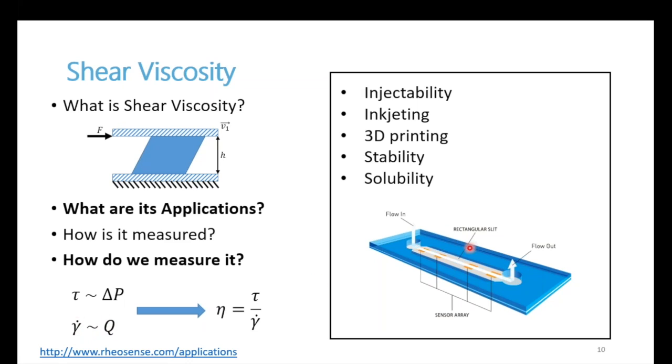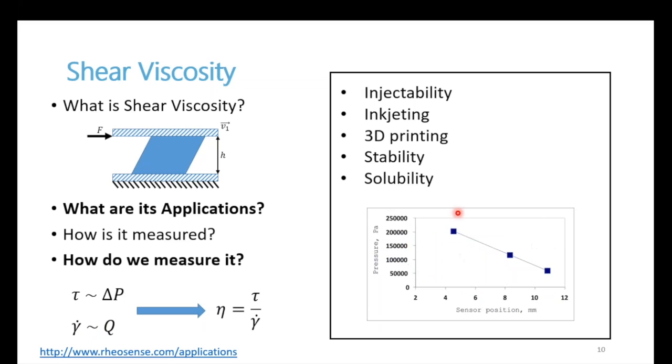And because you have an array of pressure sensors at the bottom of the microfluidic channel, you're going to be able to characterize the pressure as a function of position in the channel. The pressure drop that you're measuring is going to be proportional to the shear stress, and the ratio of those two is the definition of viscosity.